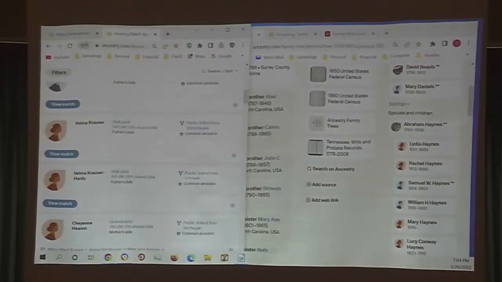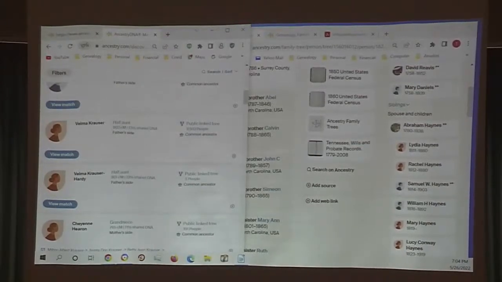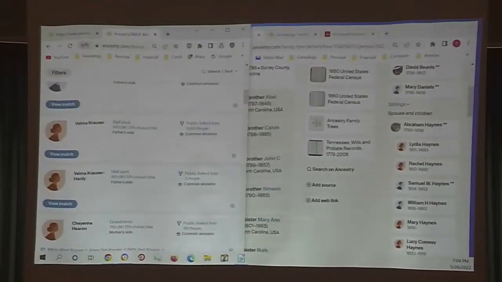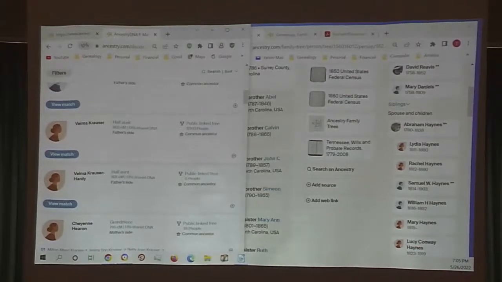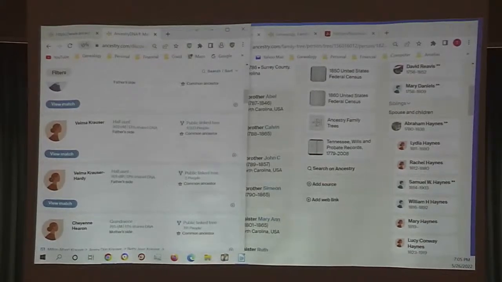Verlin, who was his wife, is not related to me at all, no DNA. But she has 50% more Krauser DNA than I have. I'll explain that in a few minutes. But so she has more Krauser DNA than I have.